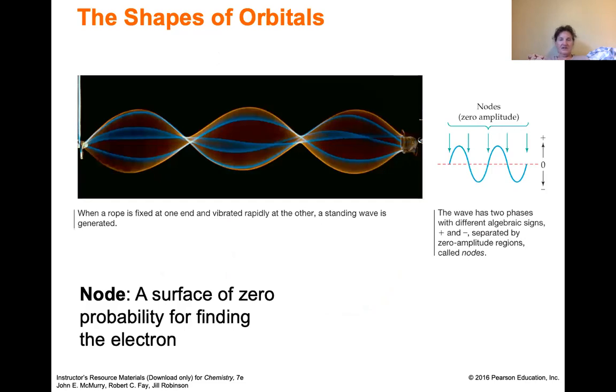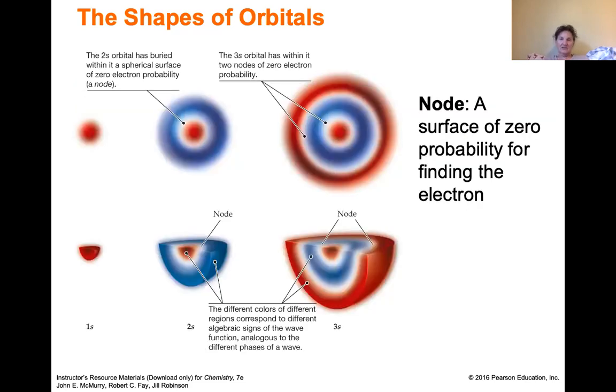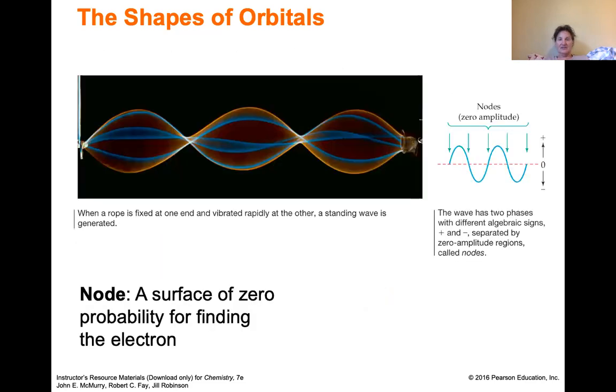This is just talking about that node idea. So those white circles are regions where you can't find the electron at all. And it's really where the wave function went to 0. So if the wave function goes to 0 and the probability of finding the electron is the wave function squared, then 0 squared is 0, and you're going to have 0 probability at those surfaces, and you call them nodes.